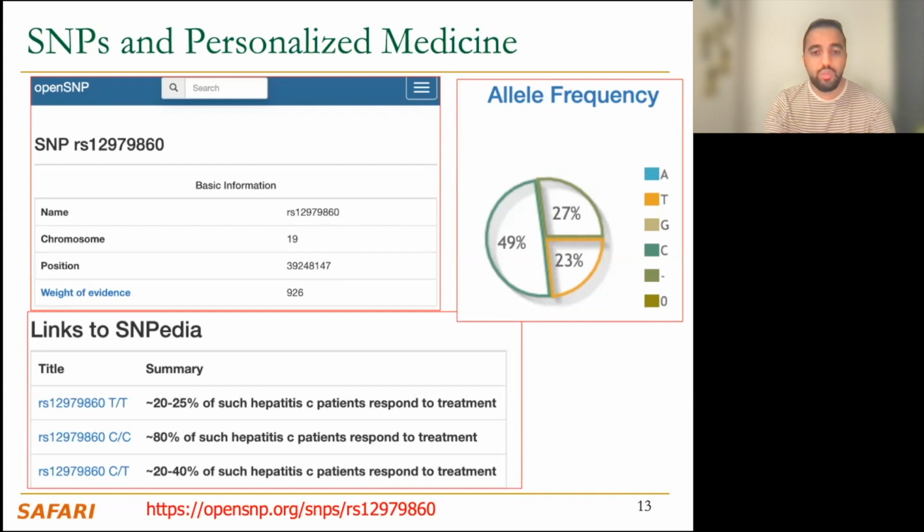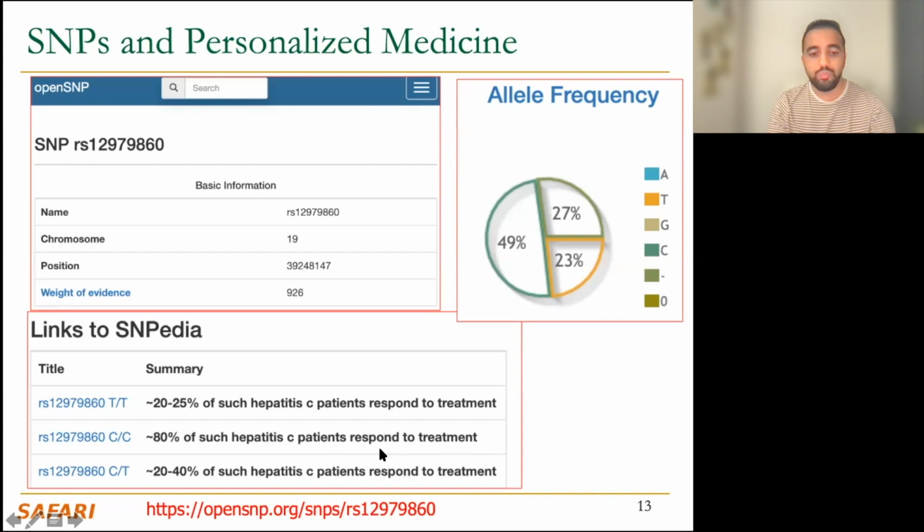diseases. So this example is showing you that at this location in chromosome 19, if you have the genetic variation to be T, for example, then you have this probability to get better or to respond to treatment if you have hepatitis C. But if you have C at that location, then 80% of hepatitis C patients also respond to treatment.